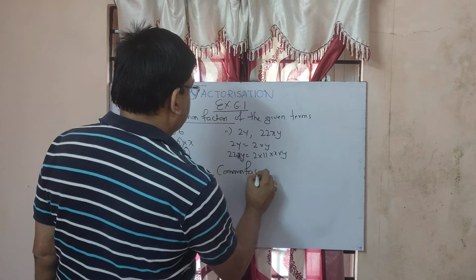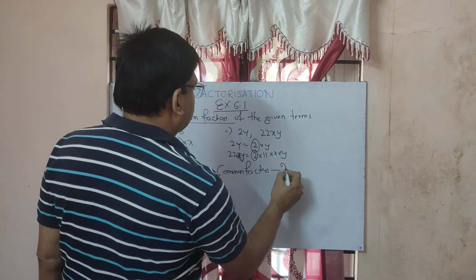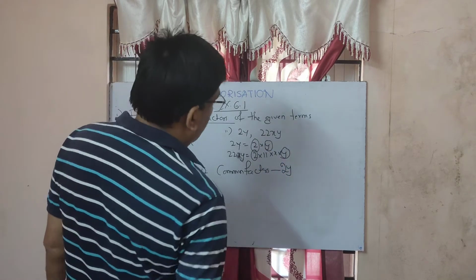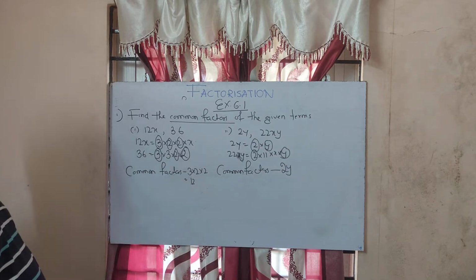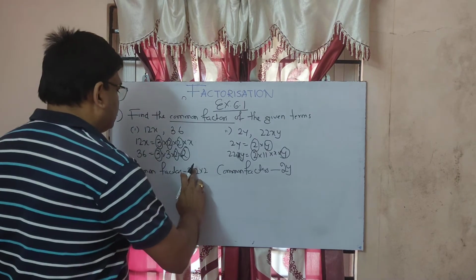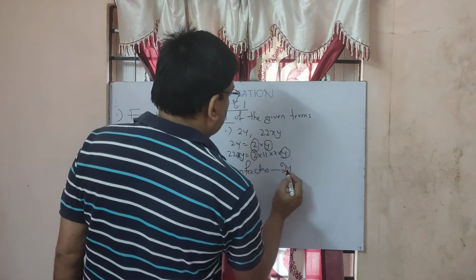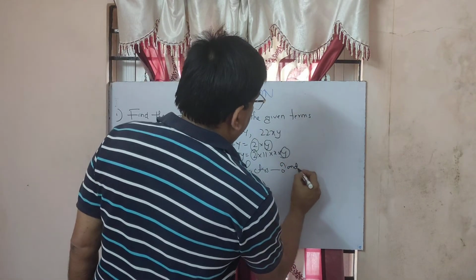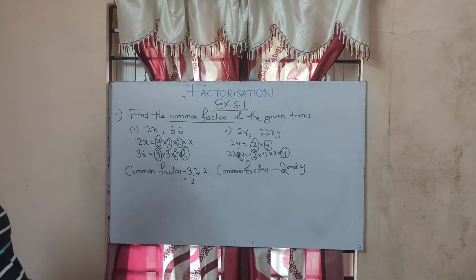Common factors. 2 is common here, write 2. y is common here. So 2 and y are the common factors of the given terms.